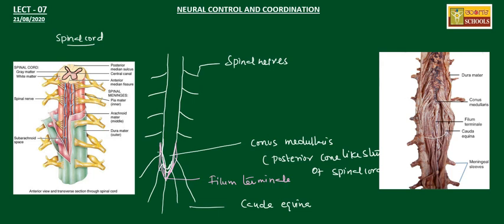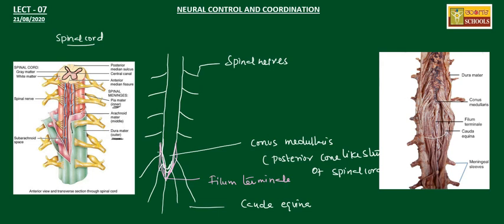The spinal cord is covered by three meninges, just like the brain: the dura mater, the outer meninx, then the arachnoid, and the innermost one, the pia mater.